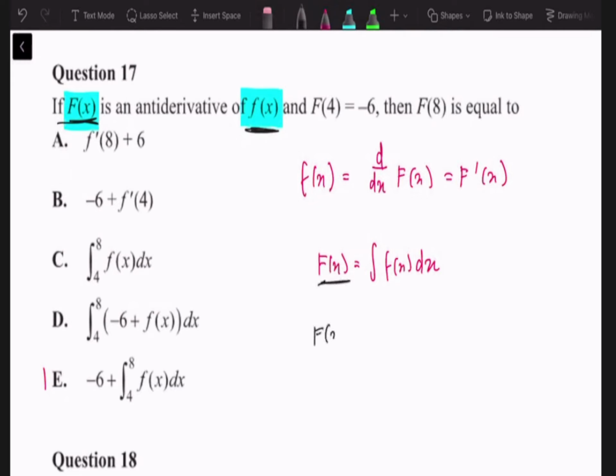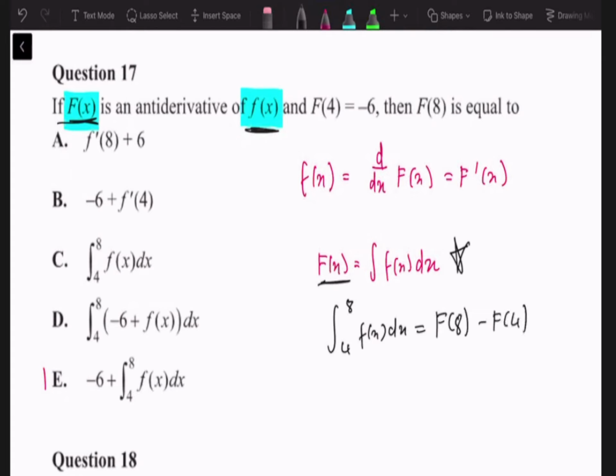F(x) is the integration of f(x) dx, but we don't want that. We want the integration from 8 to 4 of f(x) dx, and using this property, that's going to equal F(8) minus F(4).